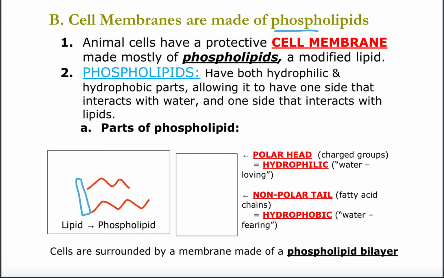This is just a shortcut for drawing out the fatty acid tail. So fatty acid. And then we end up taking our fatty acid. Sorry, that's written terribly. And we end up popping a phosphate ion onto it.